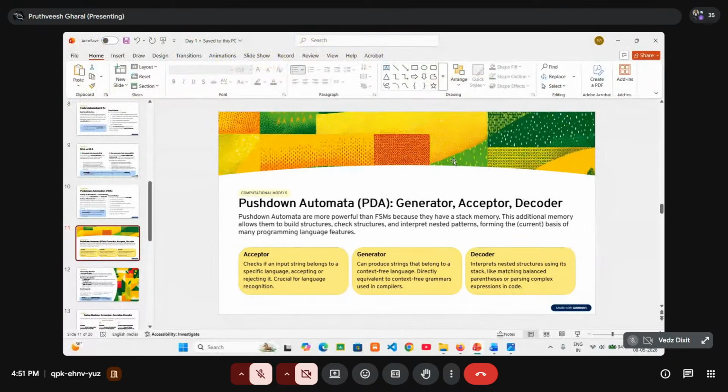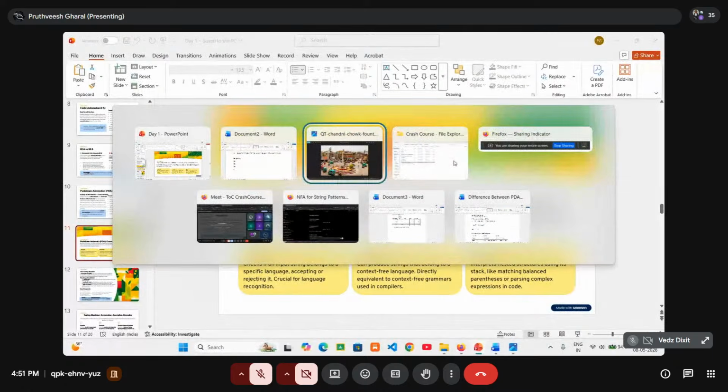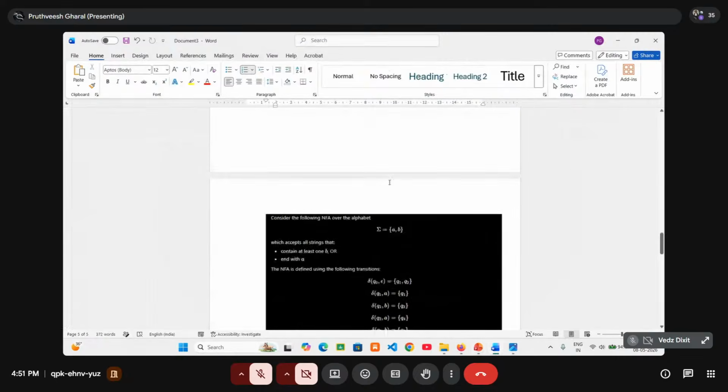Now, just like how a finite automaton has two types, a pushdown automaton also has two types, which we'll see later. Now I want to solve some problems here.